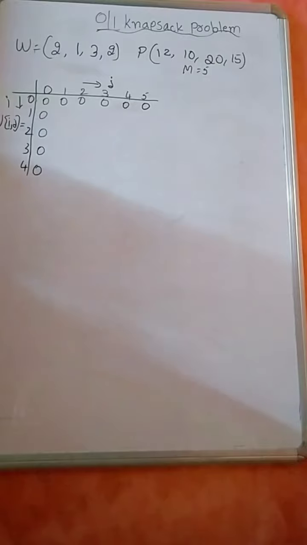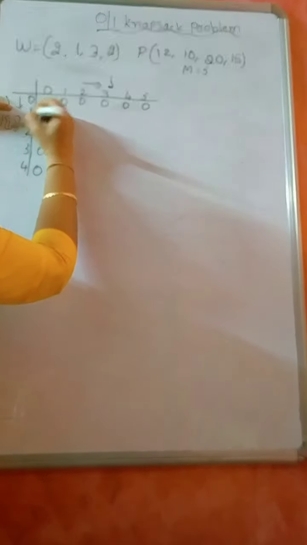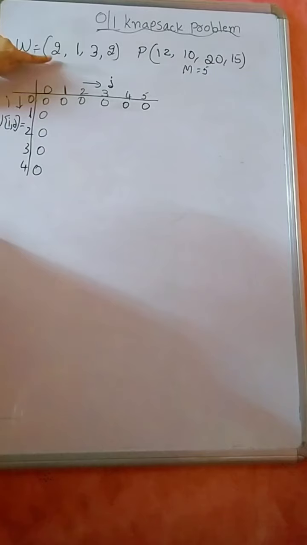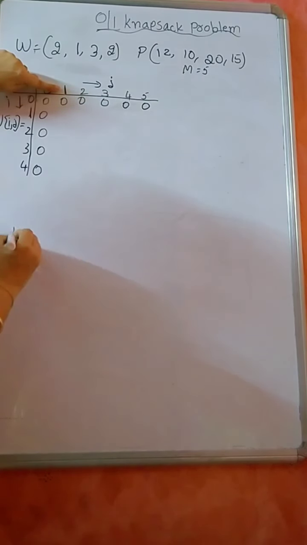Next, what is the object? First object. And what is the capacity? Remaining capacity 1. What is the weight of the first object? It is 2. Remaining capacity is 1, means only 1 kg I can fill.